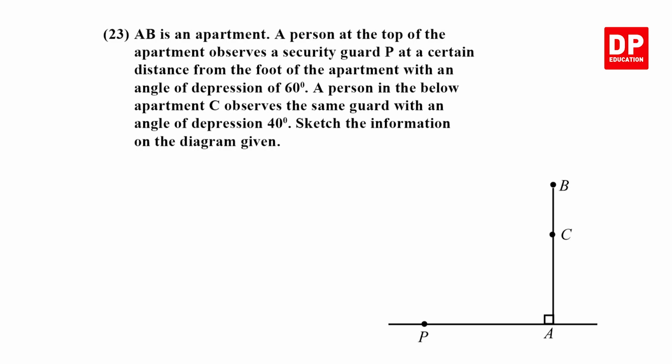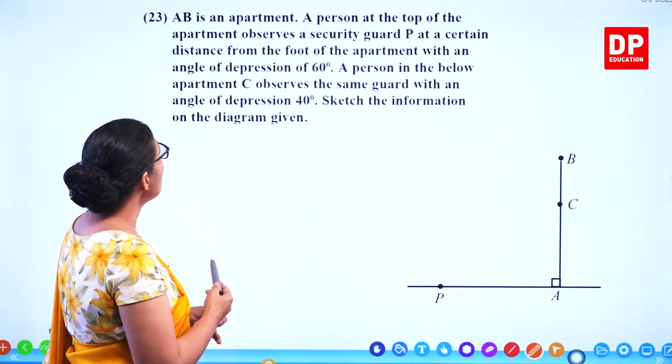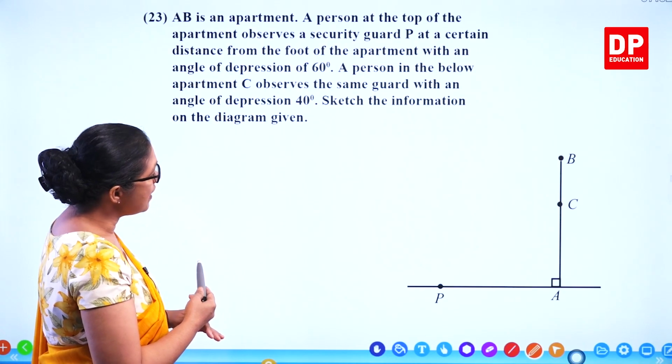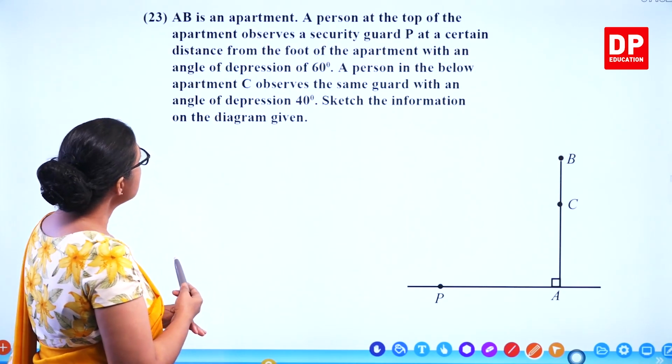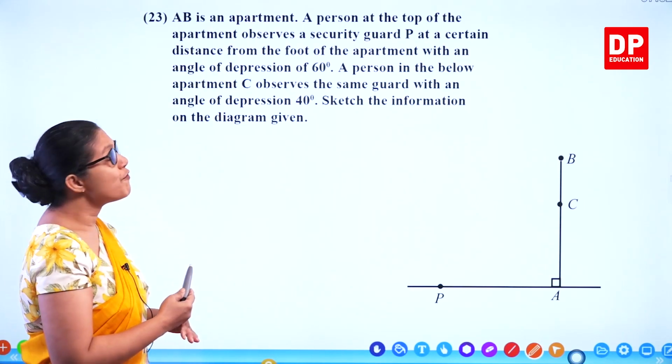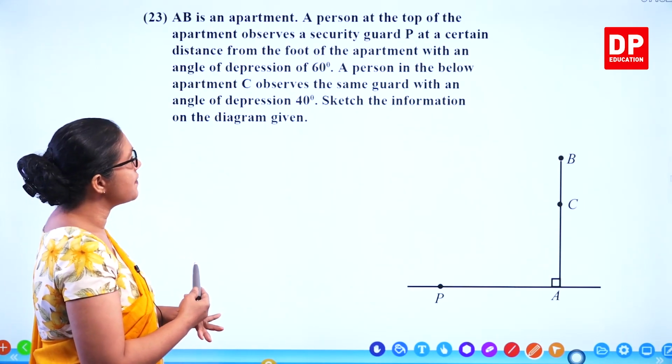Question number 23. AB is an apartment. A person at the top of the apartment observes a security guard P at a certain distance from the foot of the apartment with an angle of depression of 60 degrees.